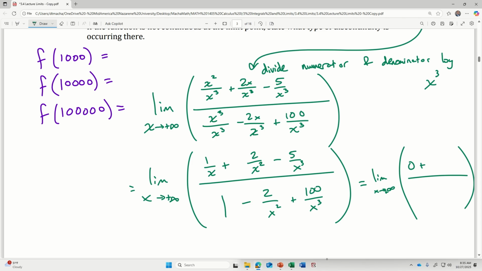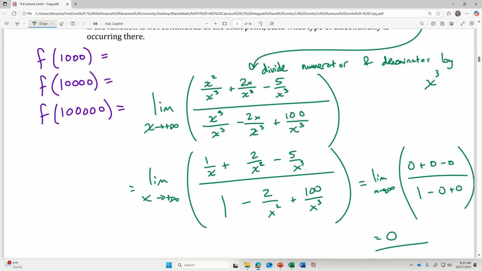It's 0 plus 0 minus 0 over 1 minus 0 plus 0. The only thing that doesn't go to 0 is the constant number 1. So I've got 0 divided by 1, which is 0.